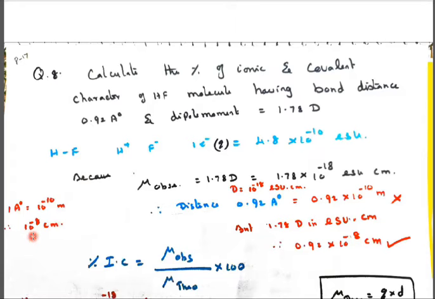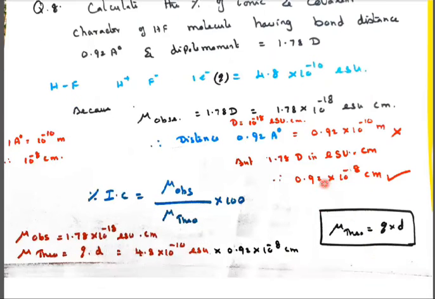So 0.92 Angstrom is 0.92 into 10 to the power of minus 10 meter, but it has to be converted into centimeter, because the unit here is ESU centimeter, not coulomb meter.